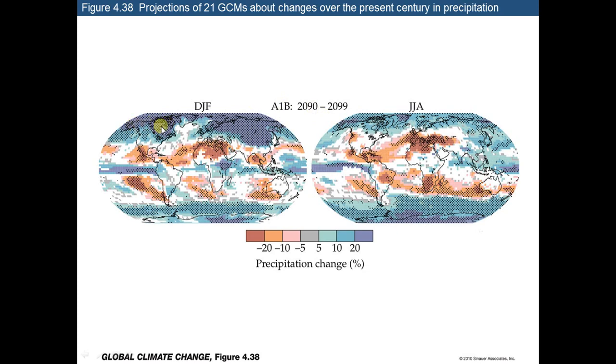Alaska, northern Canada, Greenland, much of Russia. You see precipitation increases of more than 20% in the winter months there. Okay, so more wintertime precipitation in the far northern polar regions.